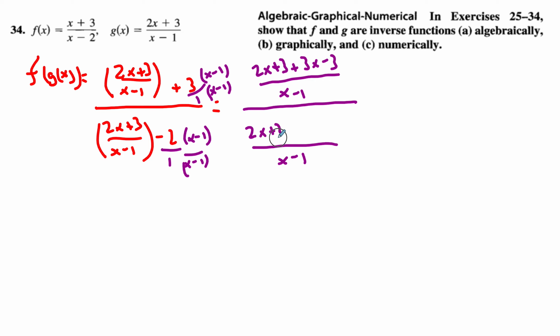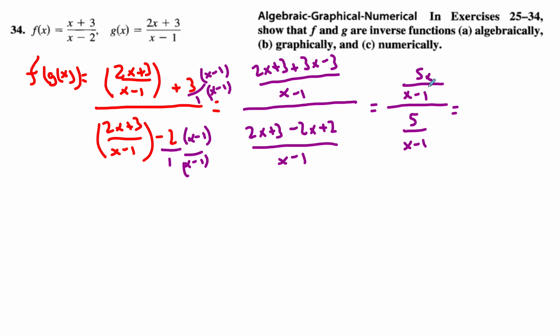Still 2x plus 3 minus, so minus 2x minus negative, then negative times negative is positive 2. Simplify. 2x plus 3x is 5x, still over x minus 1. 3 minus 3 gone. 2x minus 2x gone. 3 plus 2 is 5 over x minus 1.